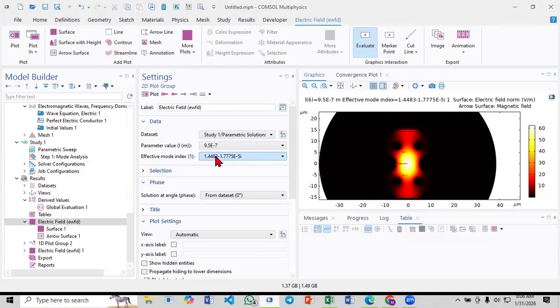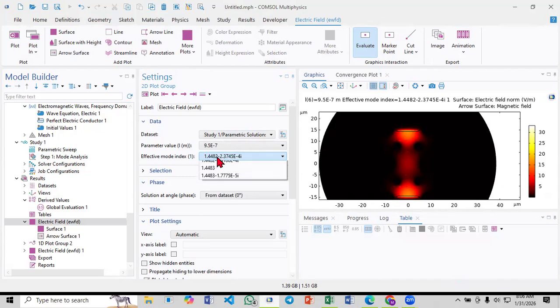Okay, 1.4483. Search for it. 1.4482 is actually very close to 1.4483. Then plot. So here you can see that this is not the SPP of the core mode, but this one is the SPP mode.